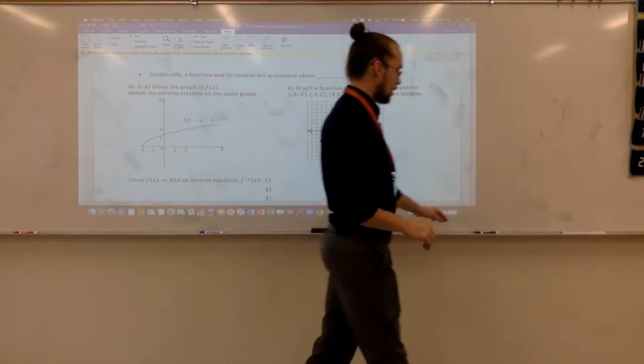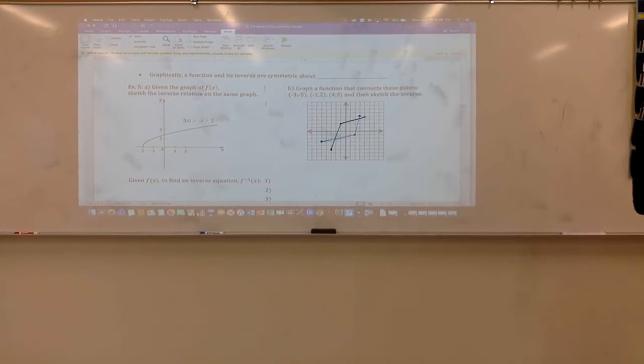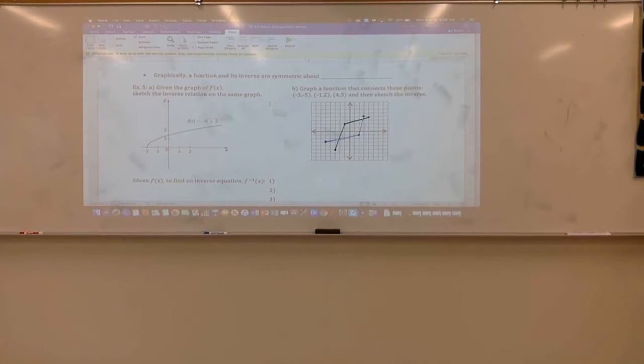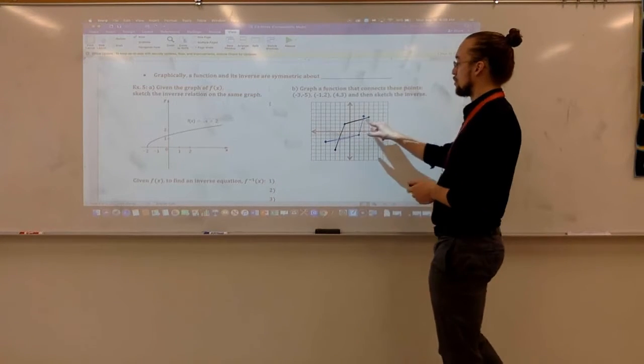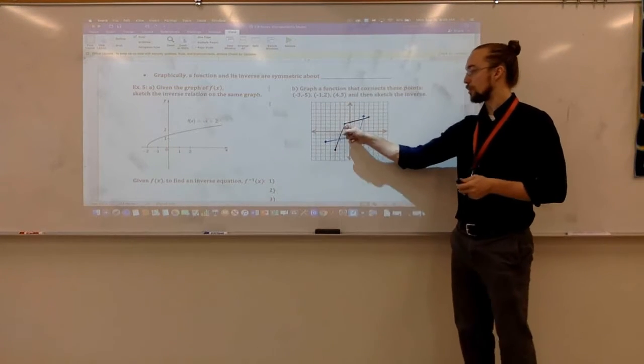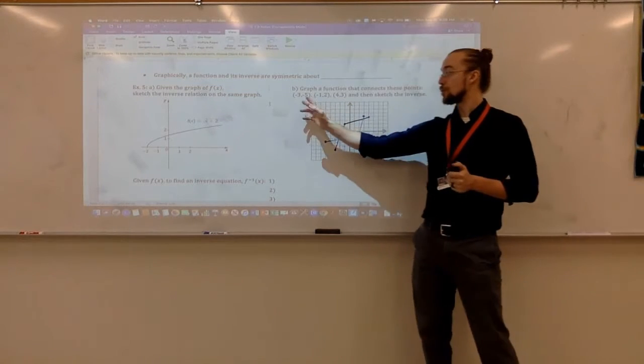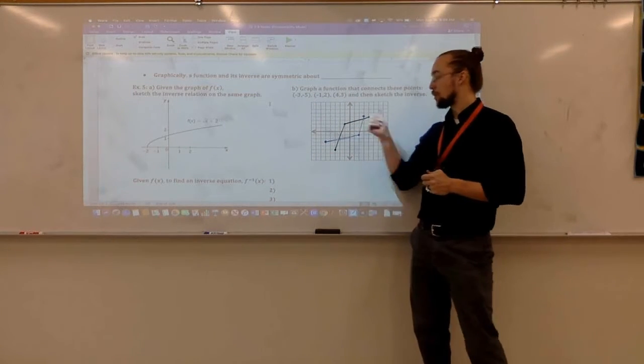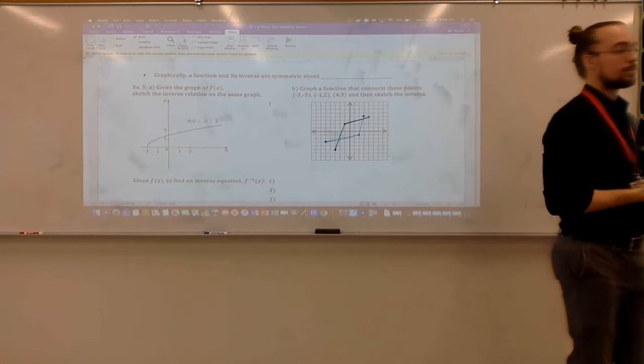Did we get something like this? Okay, I just connected them with straight lines, but you may have connected them with curved lines, right? But this is the idea. The black is my original function, okay, with these 3 coordinate points. So all I did was switch the coordinates to get my 3 new coordinate points, and then I connected them with straight lines.